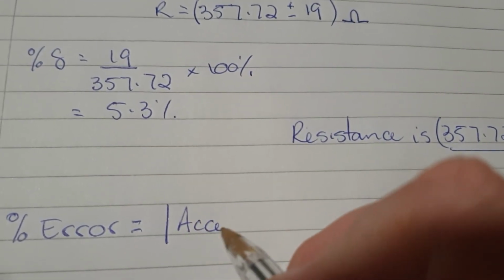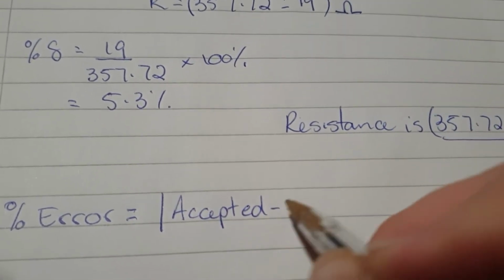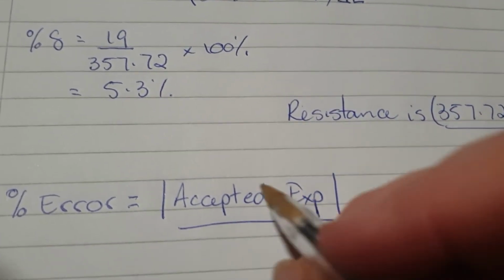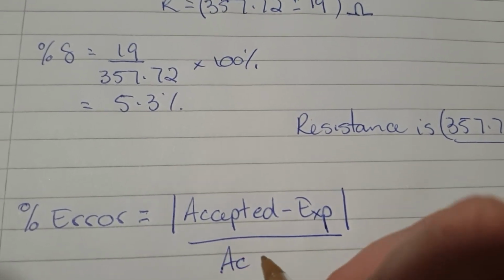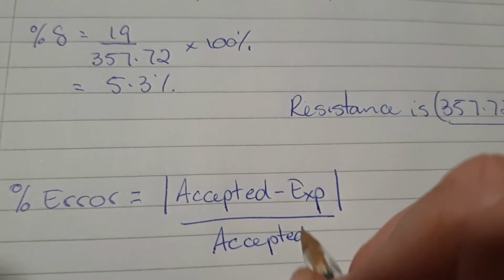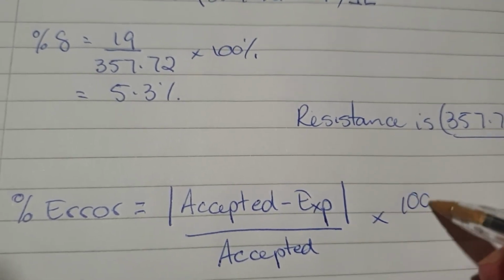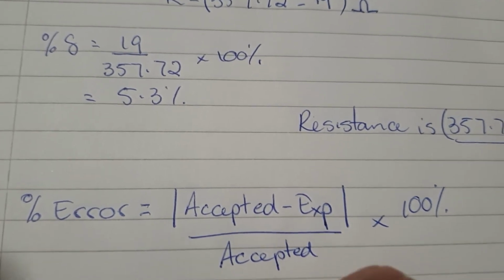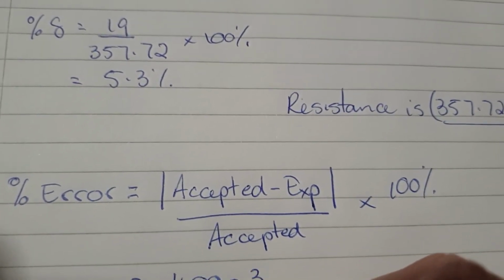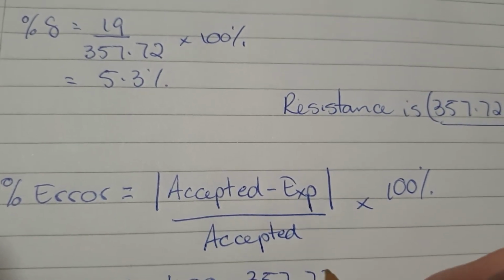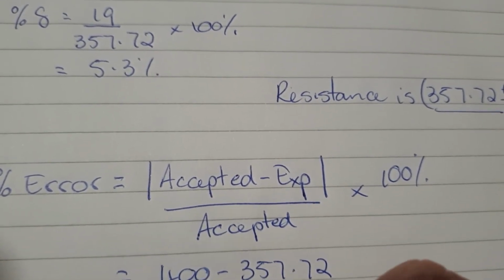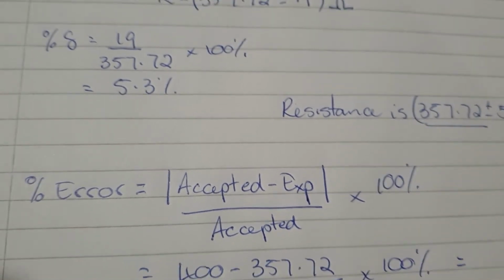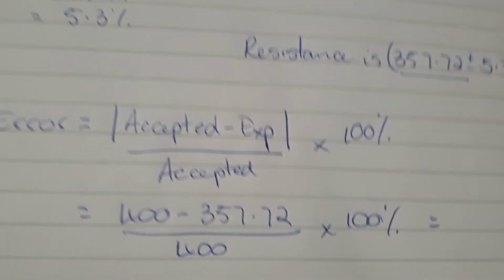So accepted, which is the printed value on the resistor, minus our experimental, some books call it observed, over the accepted, times 100%. So we would have 400 minus 357.72 over 400 times 100%. It's going to be about 12, I think.